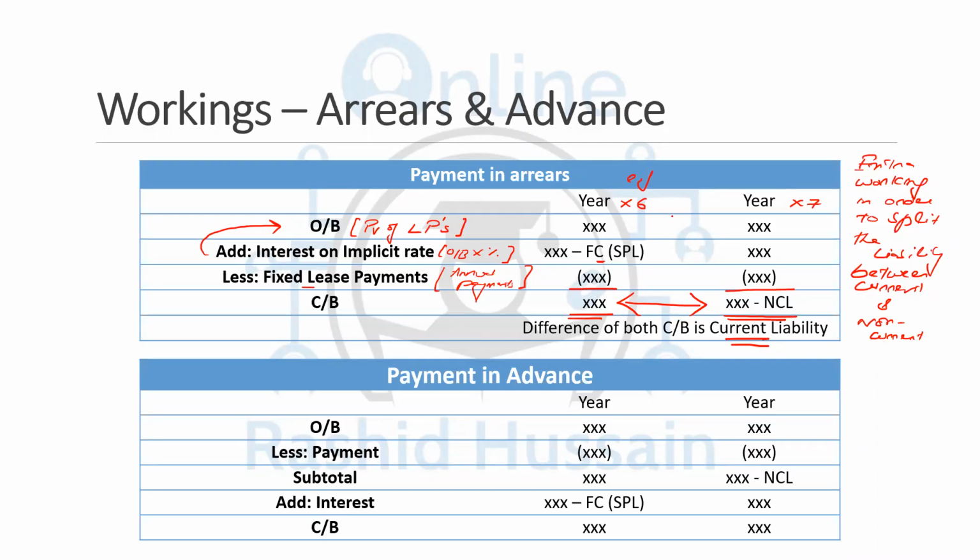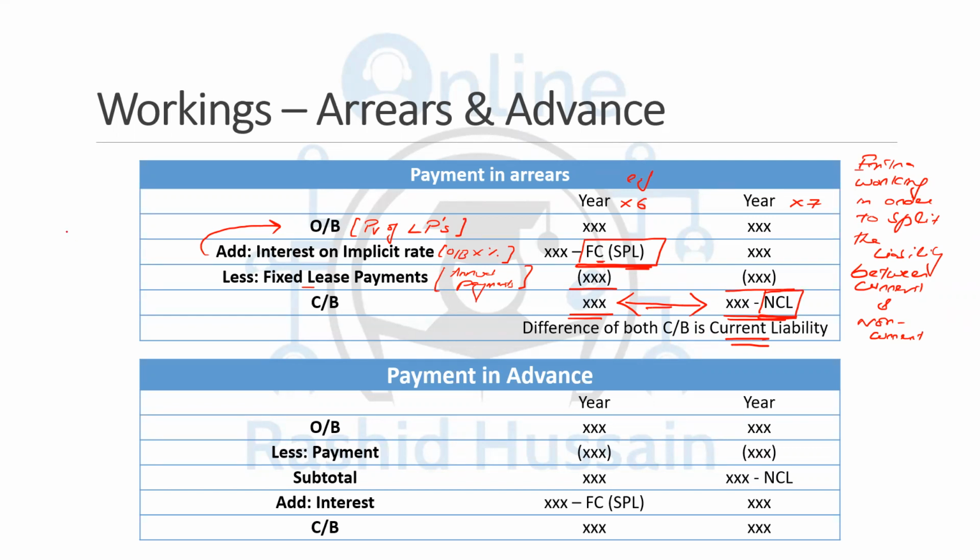So there are three figures which will come out of this working. The first figure is the finance cost, and this, for the same year, should be recorded as an expense in the profit or loss. Then we have the non-current liability, which is the closing balance of the next year, the extra working. And then we have the current liability, which is the difference between these two closing balances.